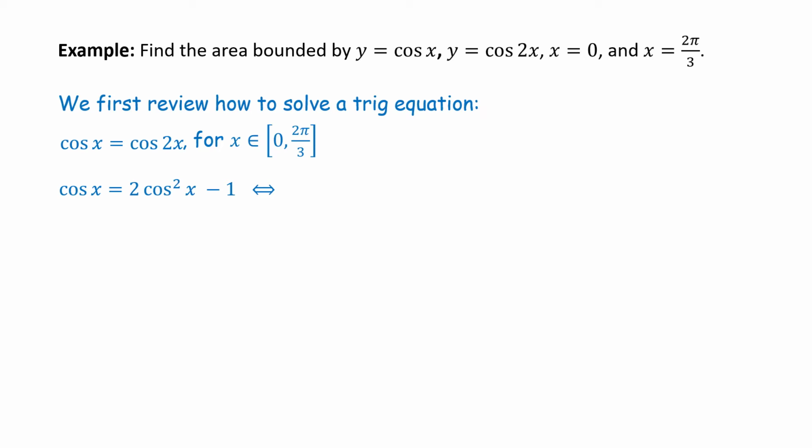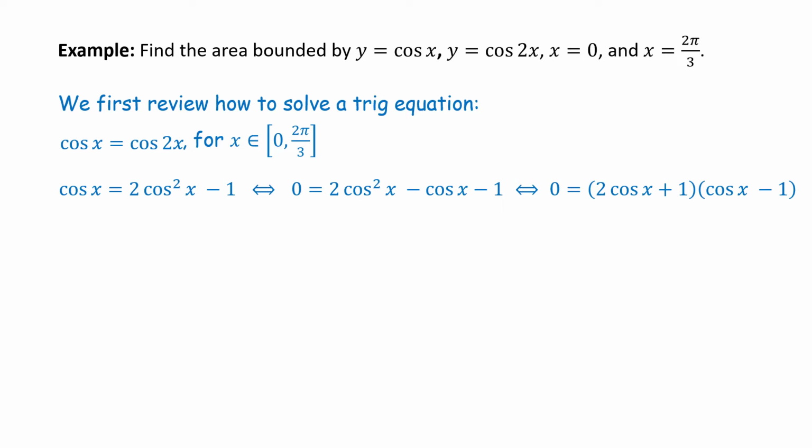I'll subtract cosine x from both sides, so the equation becomes 0 is equal to 2 cosine squared x minus cosine x minus 1. Then we can factor the quadratic type. We'll get 0 equals 2 cosine x plus 1 times cosine x minus 1.